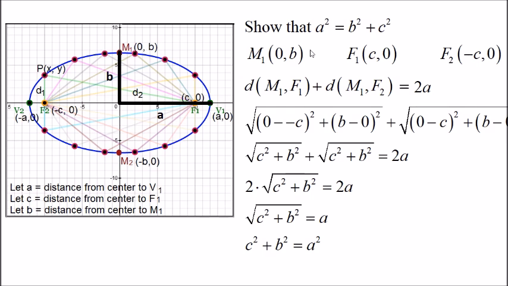Next, I want to show that A squared is equal to B squared plus C squared. A is the distance from the center to the vertex. B is the distance from the center to M1. C is the distance from the center to focus 1.